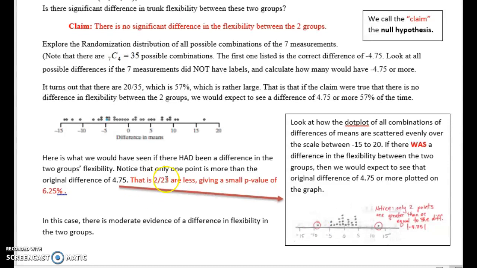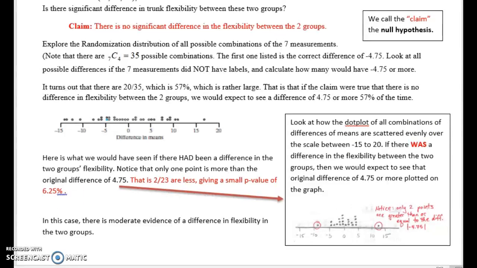In this case, I got lazy, I guess, and only put in 23 points, but 2 out of 23 gives us a value of 6.25%, meaning 6.25% of our samples had a value of 4.75 in absolute value or larger. That would be a significant result.